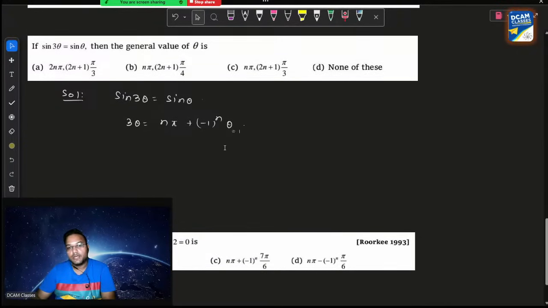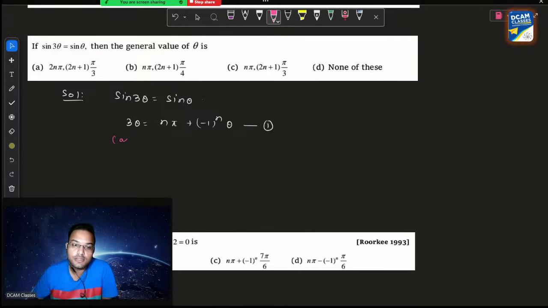Here you have to take two cases, because you cannot just take theta here and then add or subtract. Case one is if n is even. Then 3 theta minus theta is equal to n pi, so 2 theta will be equal to n pi and theta will be equal to n pi by 2.